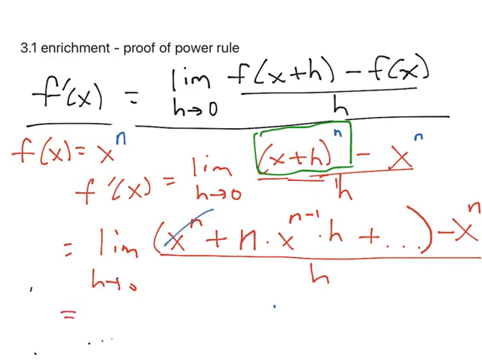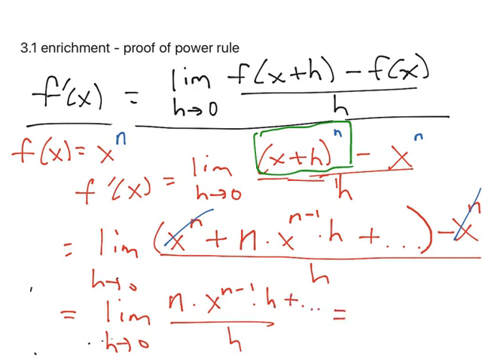Again, the x to the n term cancels out, and we end up with the limit as h goes to 0 of n times x to the n minus 1 times h over h, plus a bunch of terms that go to 0.